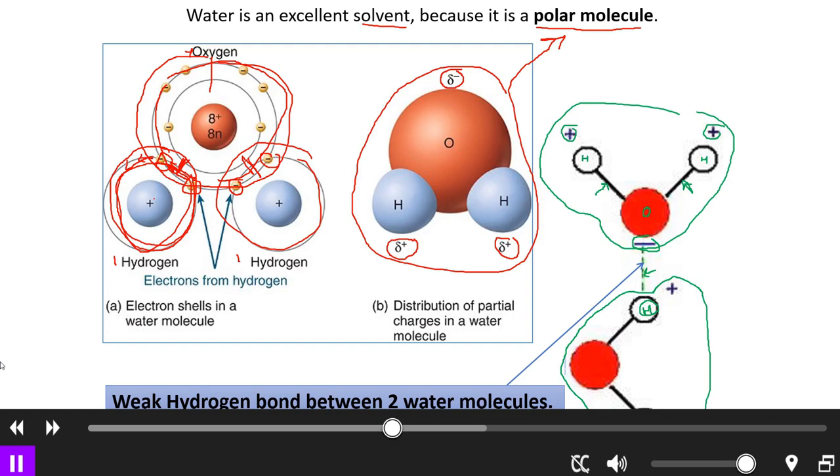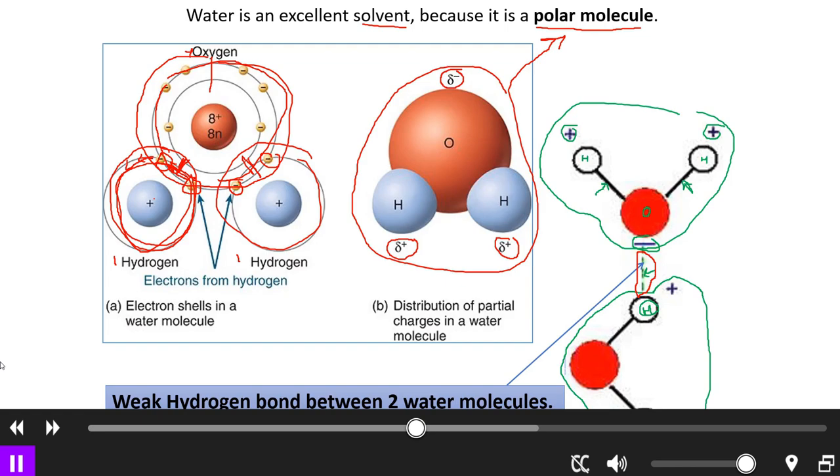But this is not shown as a black line, it is a dotted line, and the dotted line represents a different type of bond. It's called a hydrogen bond, and what is special about it? It's weak, not very strong, and weak hydrogen bonds connect two water molecules.